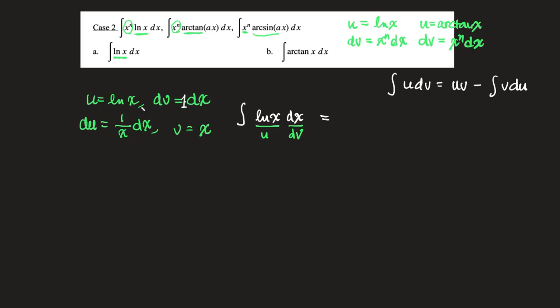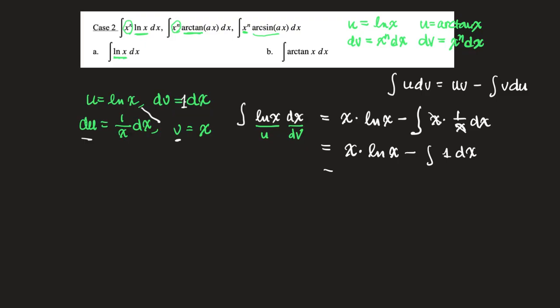Now uv is x ln x minus the integral of v du. So x times 1 over x dx. You see it cancels out: minus the integral of 1 dx, which means x ln x minus the antiderivative of 1, which is x, plus c. That's how you find this indefinite integral.